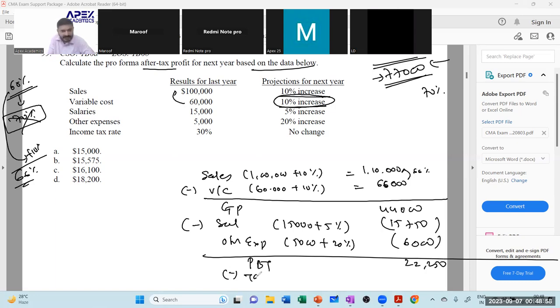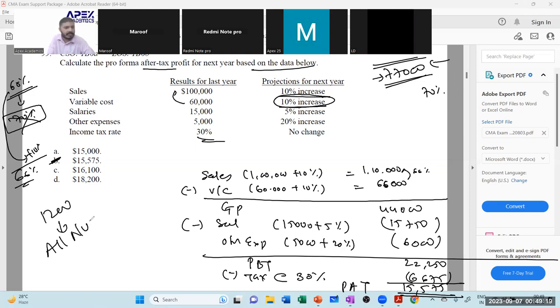Less tax at the rate of 30%, 6,675. Profit after tax? 15,575. All numericals are over.